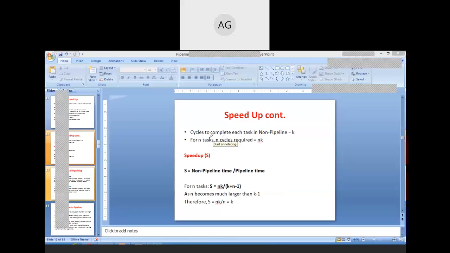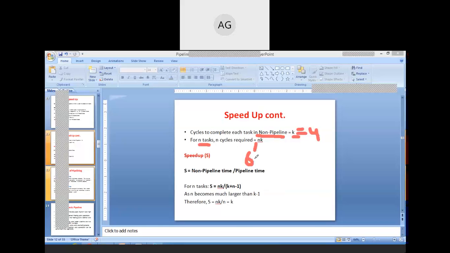In the case of non-pipelining execution, cycles to complete each task in non-pipeline is equal to k, as it is a k segment pipeline. So the value of k is 4. For n tasks, n times k cycles are required, and the value of n is 6.